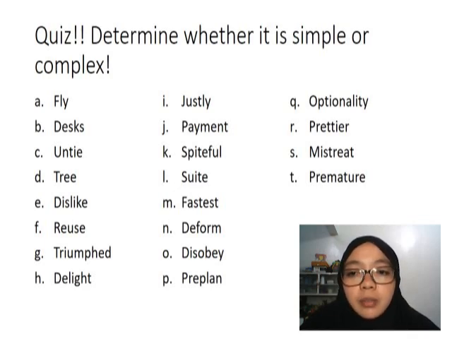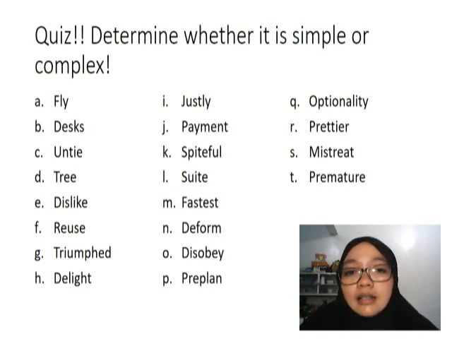Now you have to determine whether each is simple or complex. Write it by hand on a piece of paper. You say that fly is simple, desk is what?